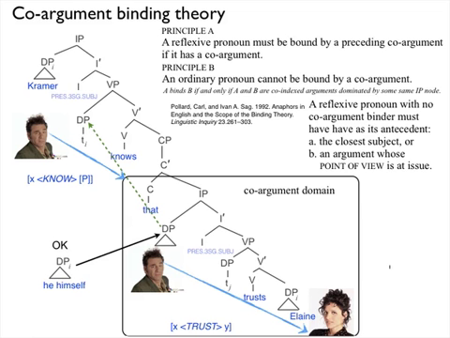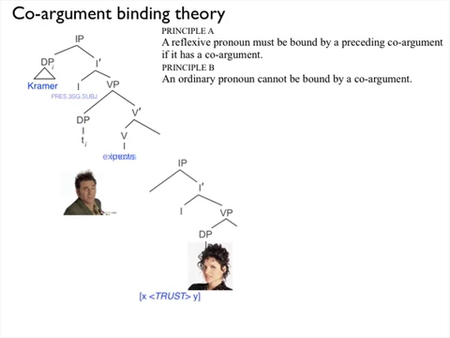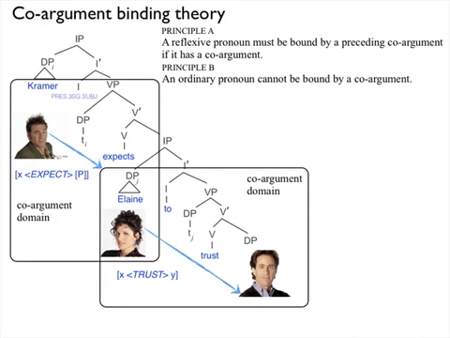Because this is not bound, it is not exactly an ordinary reflexive pronoun. It's a long-distance version of the reflexive pronoun. It wants to have the closest subject or an argument whose point of view is at issue.